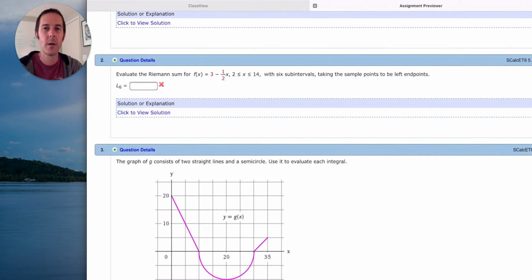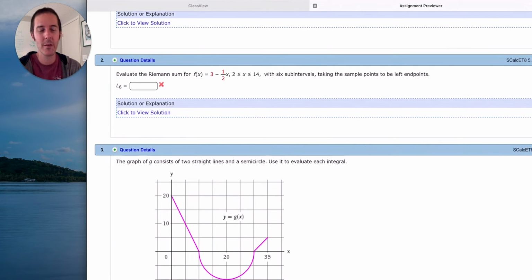So again, the height of your second rectangle is f of x sub 1. What's x sub 1? It's 2 units bigger than x sub 0. It's 4, right?